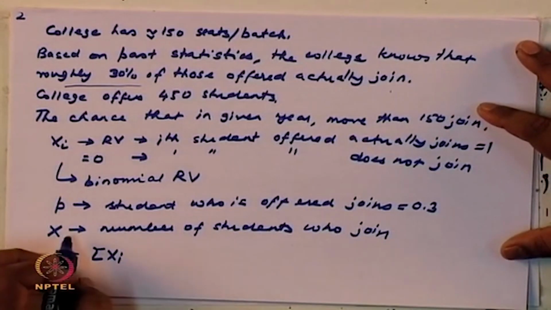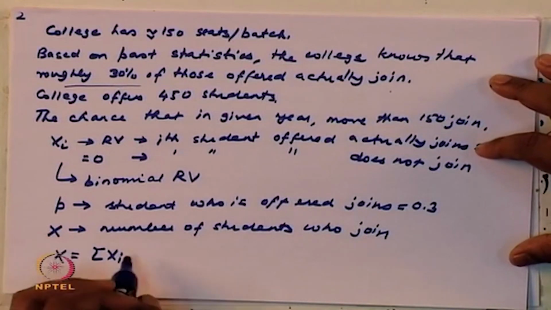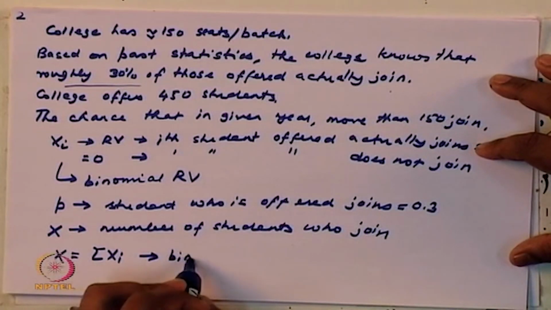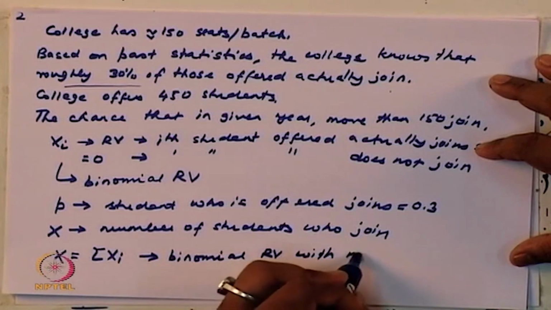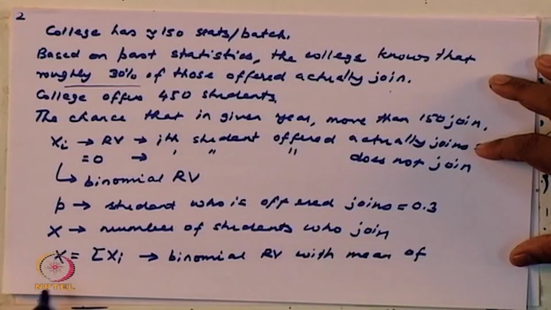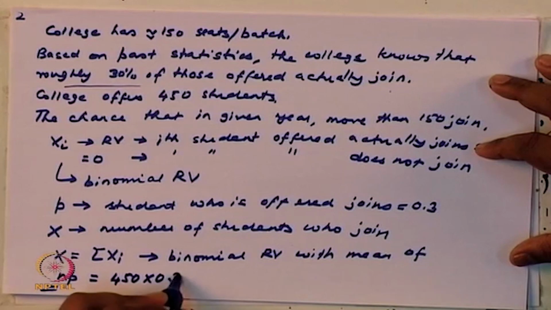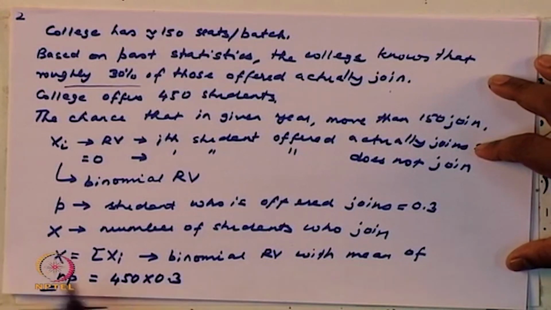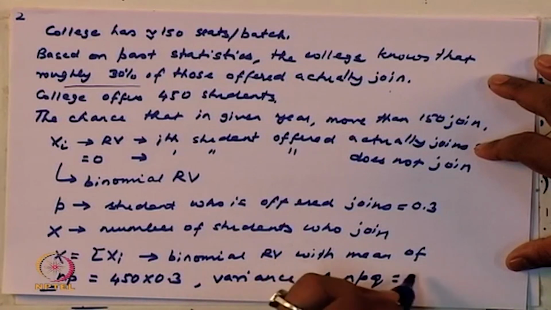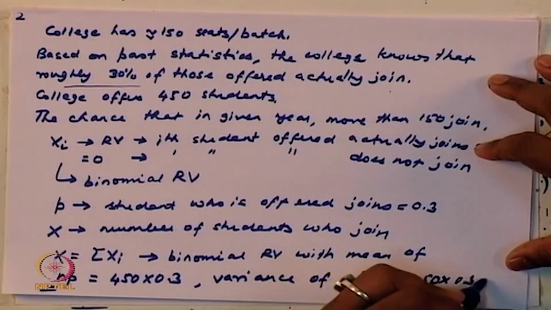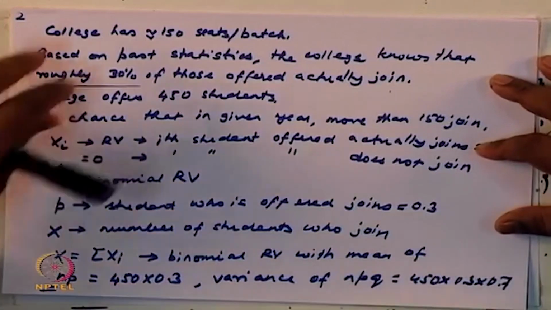Since each of the xi's is a binomial random variable, x will also be a binomial random variable with mean n times p, where n is the total number of students offered, which is 450, into 0.3, which is p, and variance npq, which is 450 into 0.3 into 0.7.